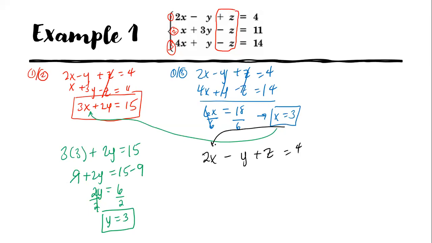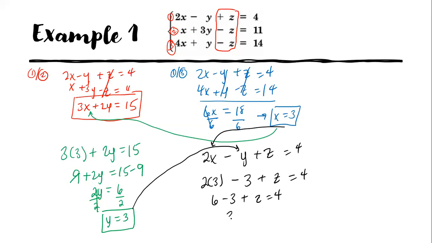I'm going to substitute x in, and I'm going to substitute y in. That gives me 2 times 3 minus 3 plus z equals 4. 6 minus 3 plus z equals 4. 3 plus z equals 4. I'm going to subtract 3. z equals 1.